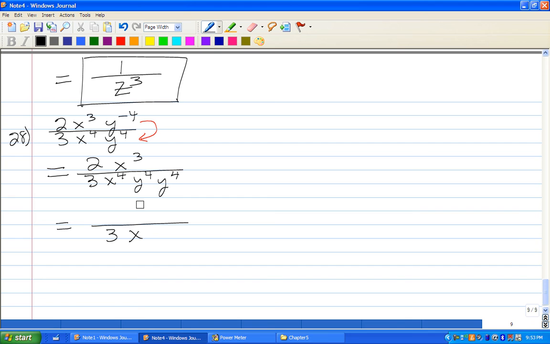Let me make this a little nicer. 4 minus 3 is 1, so this is just x to the 1st. I have y's in the denominator, and so I'm just multiplying. So I have the same base, y, and I add exponents. 4 plus 4 is 8. And that is your final answer.